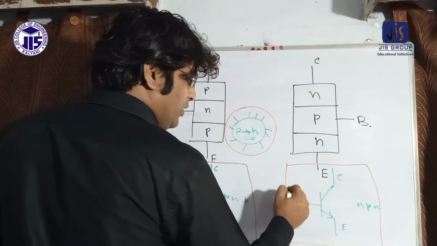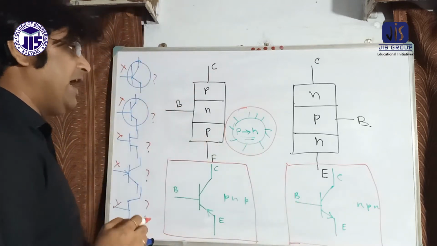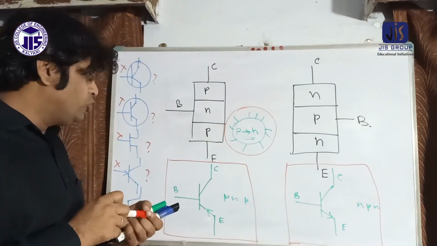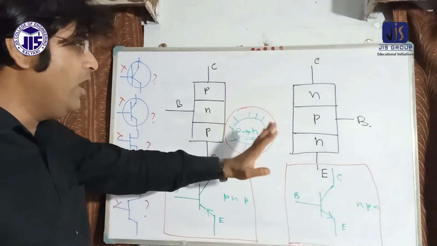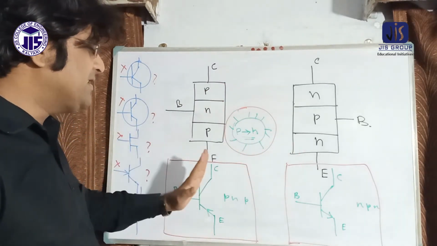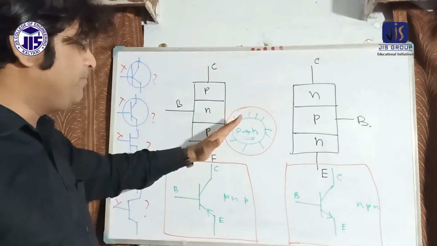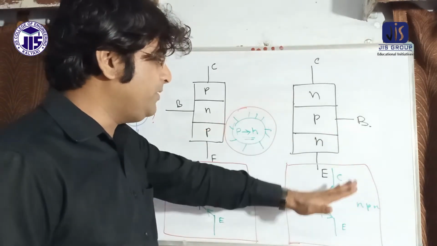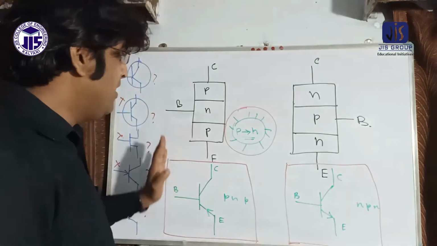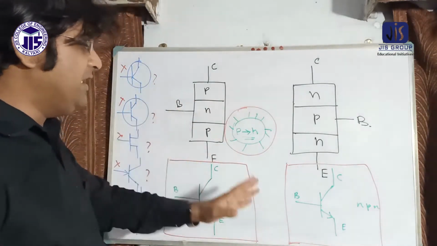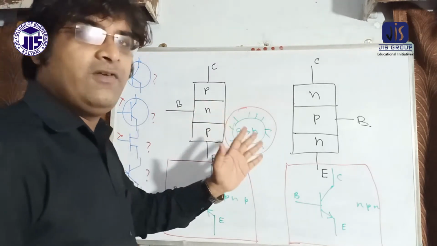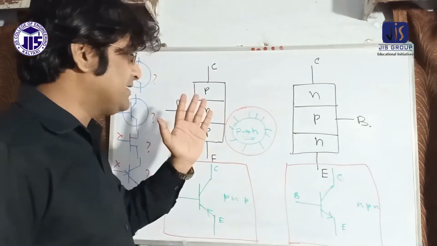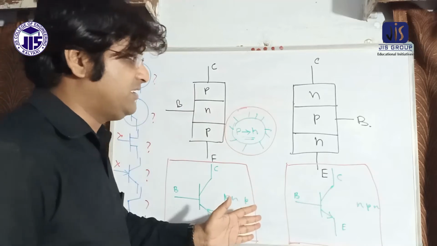I would like to request all of you to understand this particular concept, how the P to N concept is developed. By this concept, we can very easily understand and define the transistors. We can very easily draw the symbolic representations of the transistors.